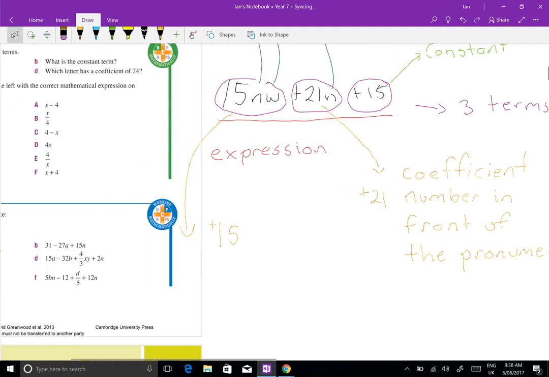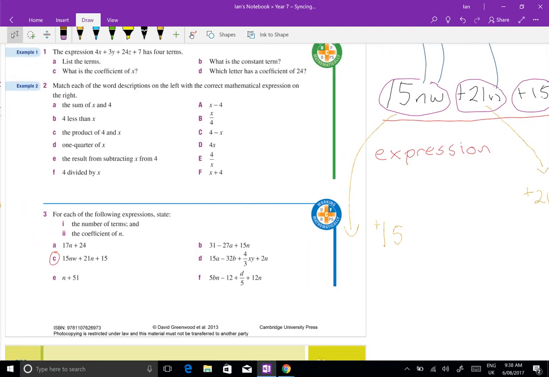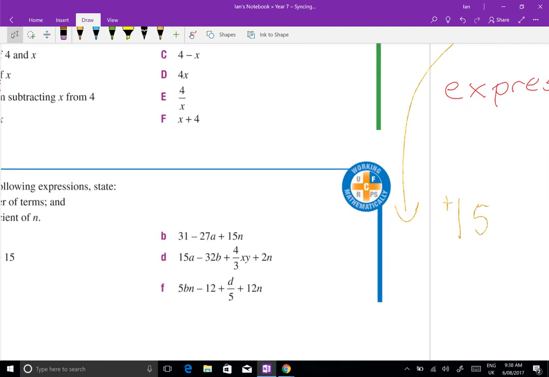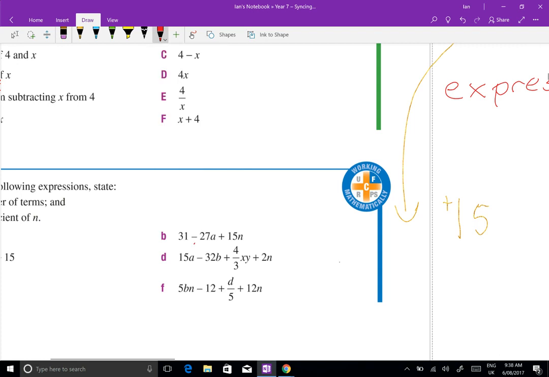Sometimes the coefficient can be negative. For example, if I look down here, the coefficient of A is negative 27.